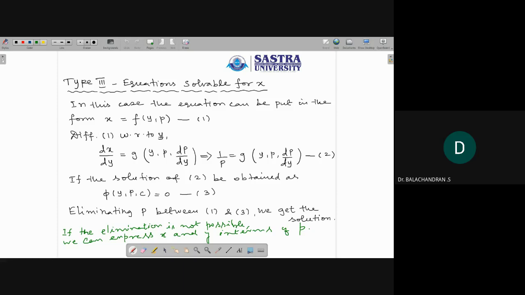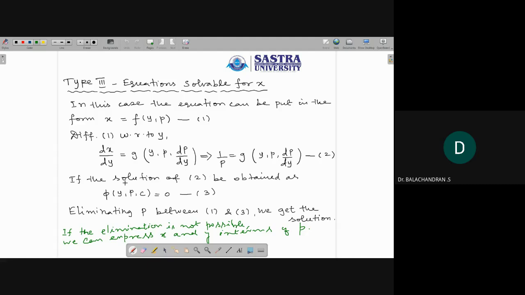If you differentiate equation 1 with respect to y, you will get dx by dy equal to some other function of y, p, dp by dy. We know that dy by dx is p, and hence dx by dy is 1 by p, equal to g of y, p, dp by dy.